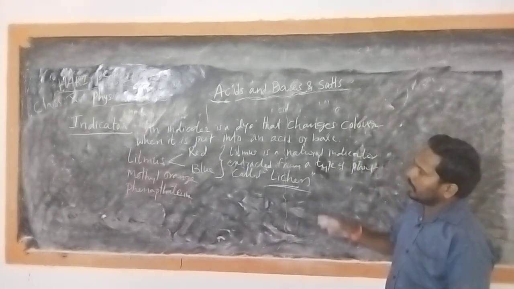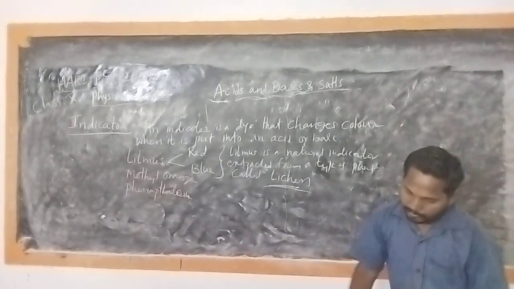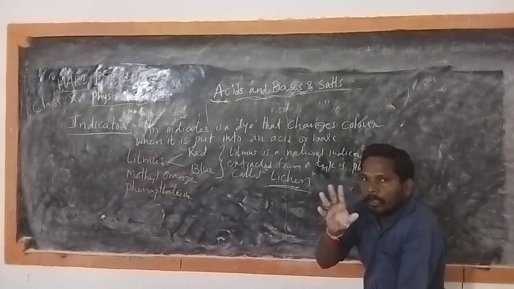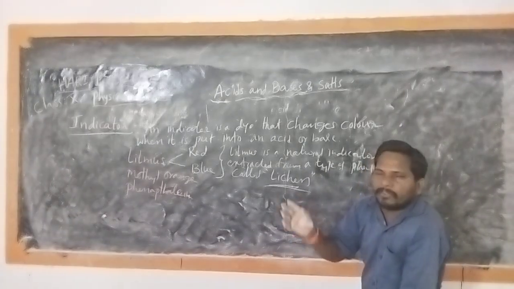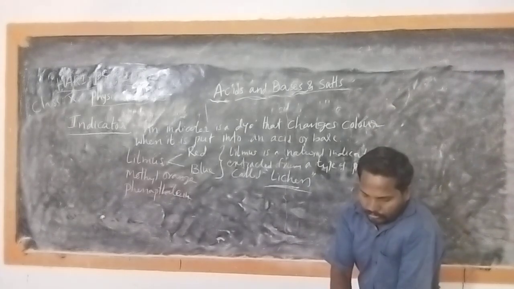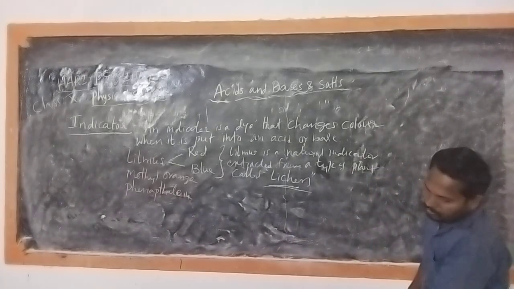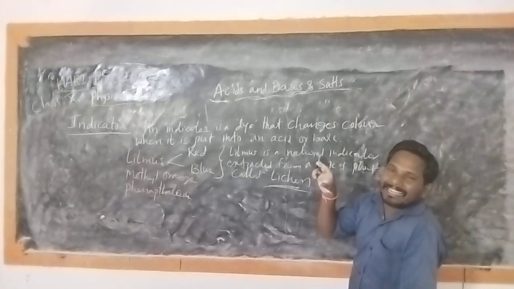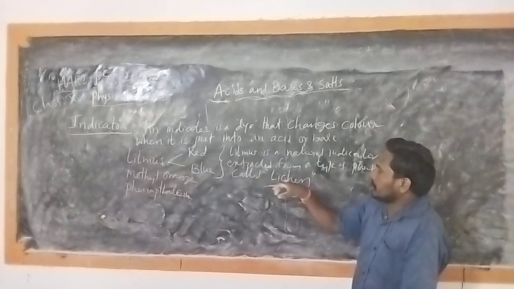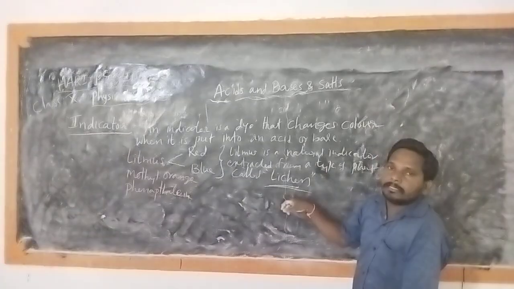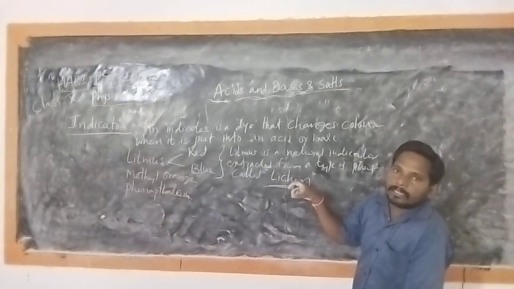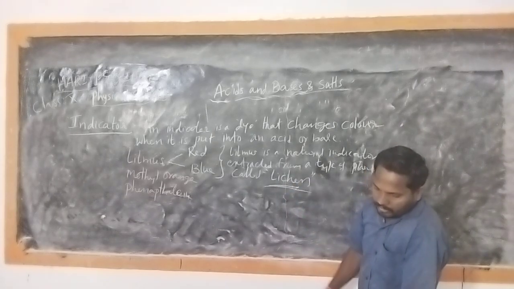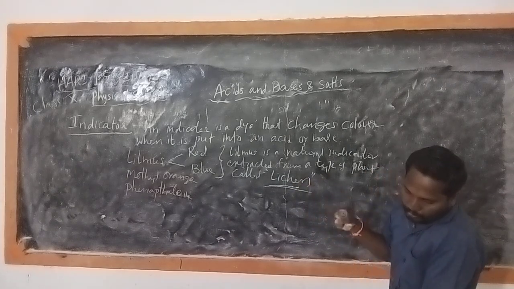Plants are classified into different types, right? Lichen is a plant belonging to the division Thallophyta. So litmus comes from lichen.